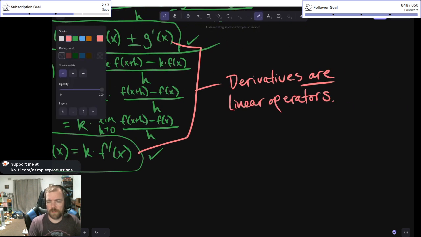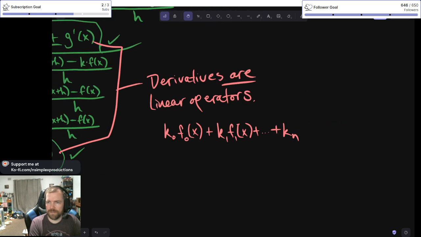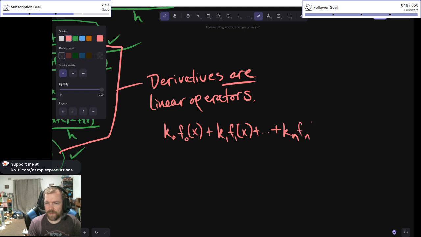Right, so we could do, again, k sub 0 times f sub 0 at x plus k1 f1 at x plus ... all the way out to however many k's, k sub n f sub n of x plus ... You can keep going on forever.